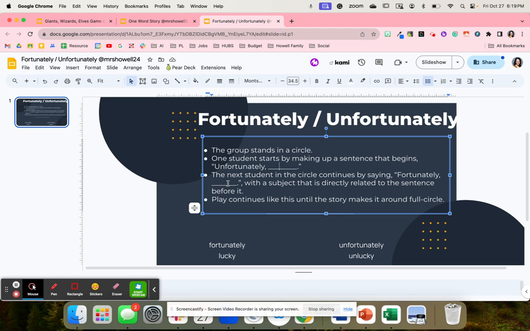Fortunately, my mom wasn't mad at me." And so again, the story just continues with that unfortunately and fortunately going back and forth between the players. And then you have this story at the end of the time that's fun and funny. It goes unfortunately, but fortunately, like it's negative and then positive.